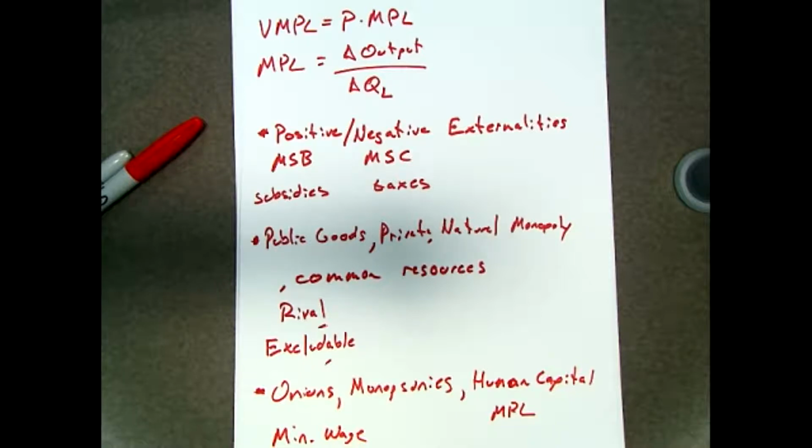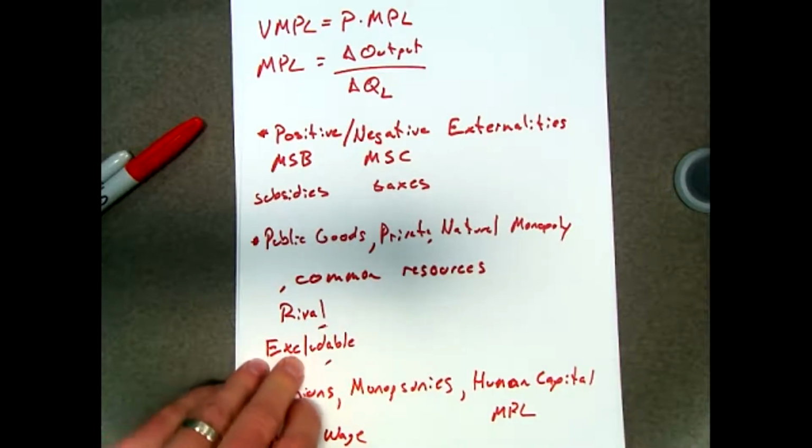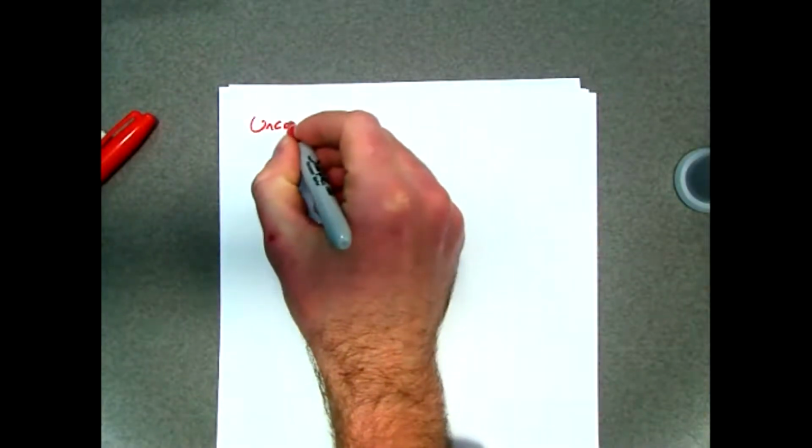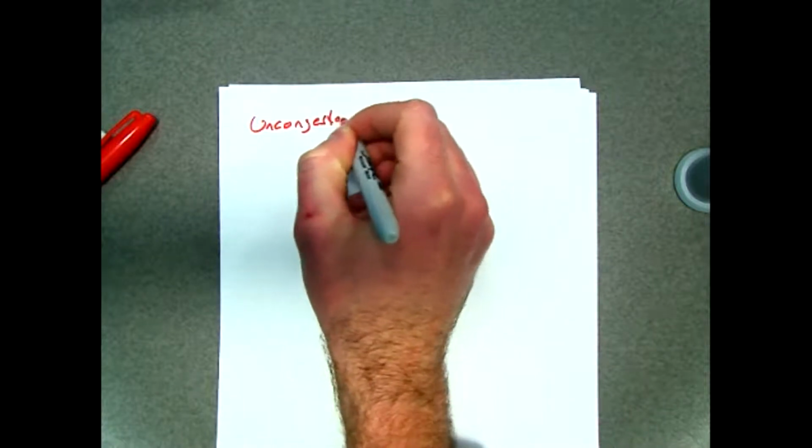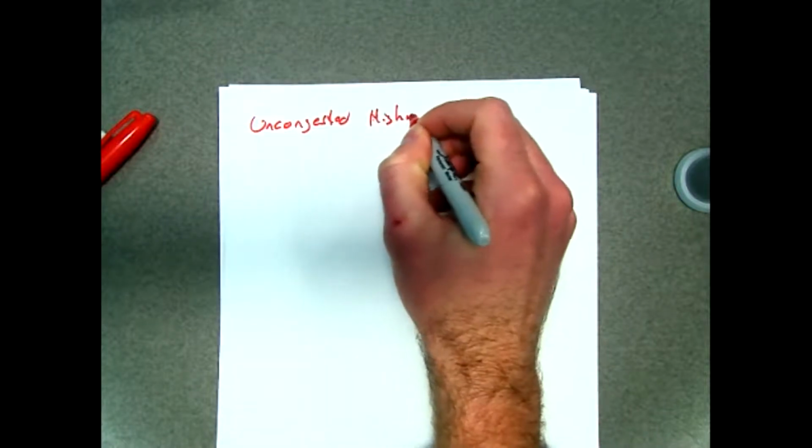Yeah. What is? Oh, rival or excludable. So think back to when we said there's a highway, right? An uncongested highway would mean that me using it isn't detracting from the benefit that anyone else is getting, because we're all going the speed limit, everything's fine.